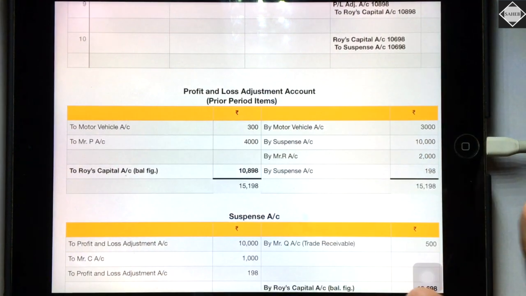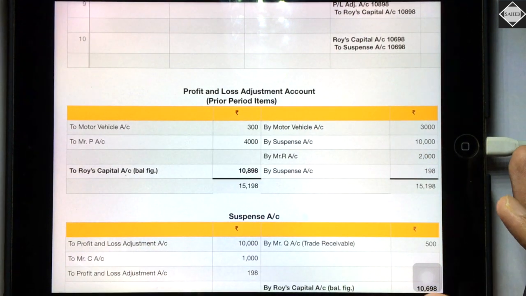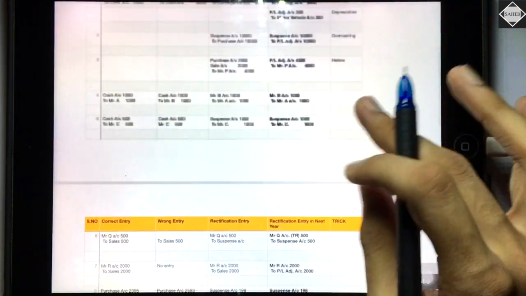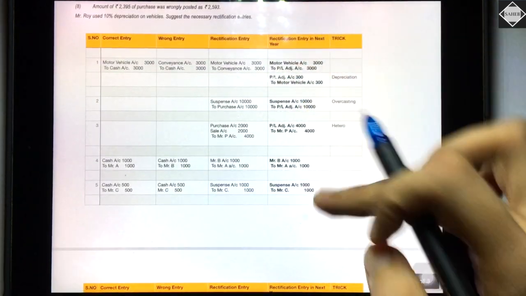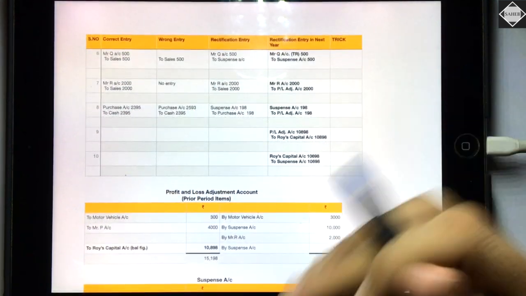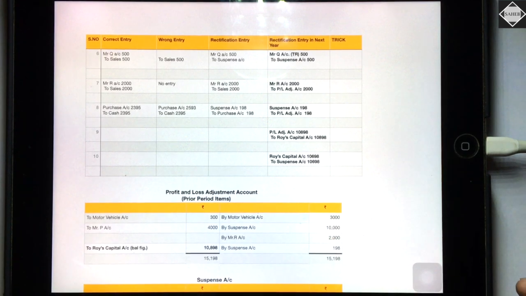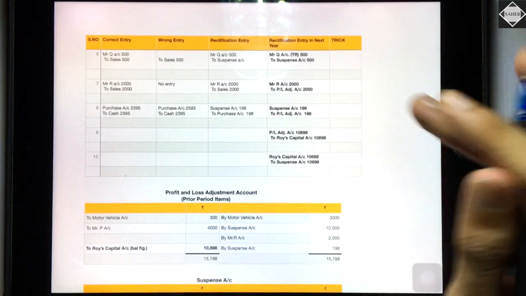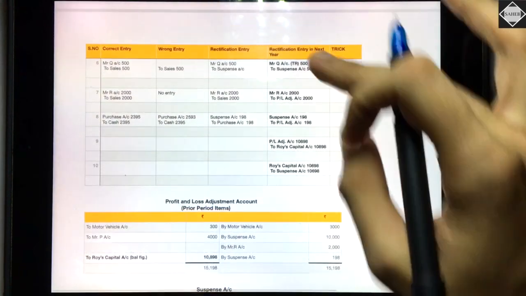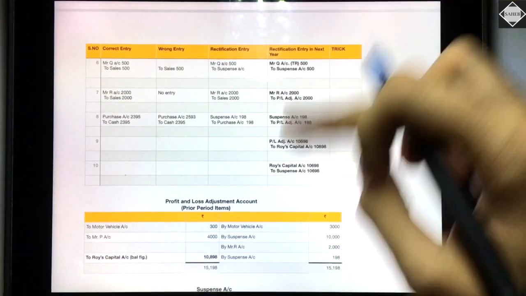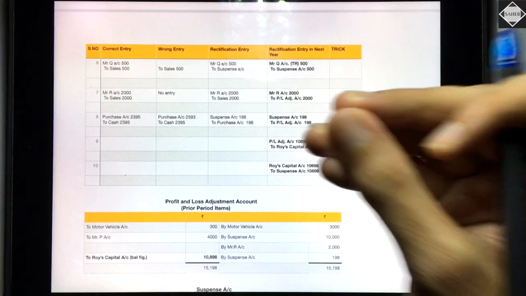Preparing the ledger account is very simple, but sometimes if you don't have the time, and the problem is of 5 marks, then you just have to make use of the calculator and see the debits and credits, and see which balance the P&L adjustment account has, whether it is a debit balance or a credit balance. Now you wonder how we will come to know that in the calculator. It's really simple. If debits are more, then it is a debit balance. If credits are more, then it is a credit balance.